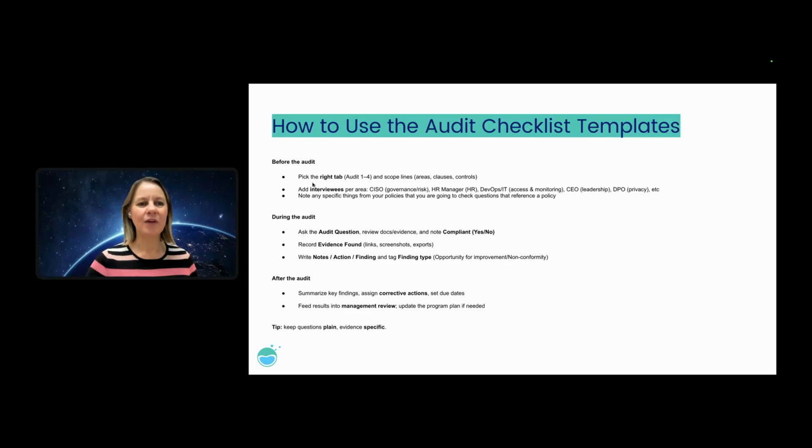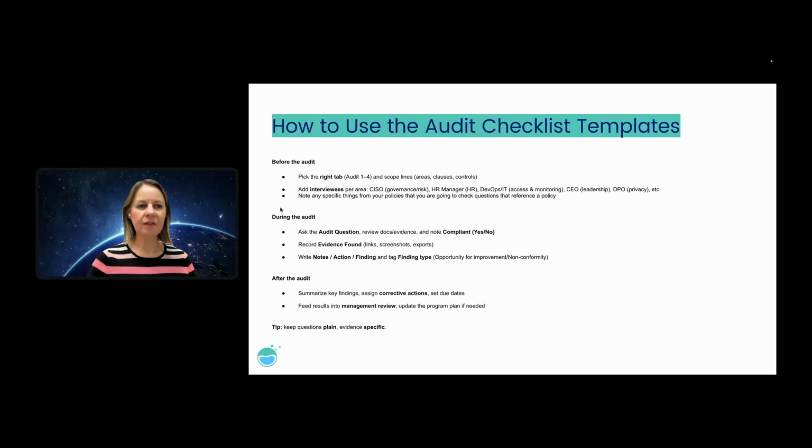And so pick the right tab, decide who you're going to interview for each area, and note any specific things. So when you look at each question, is there anything in your policy that you know you want to check for?